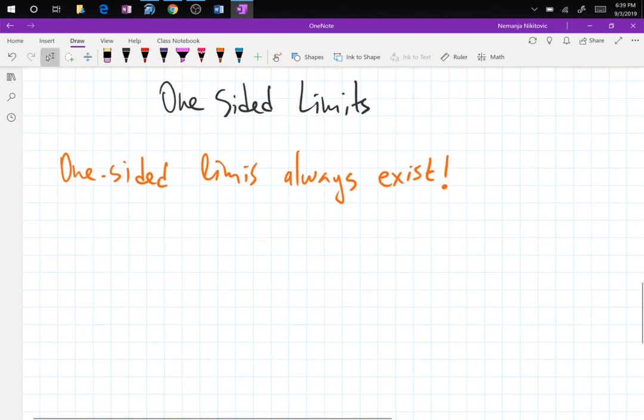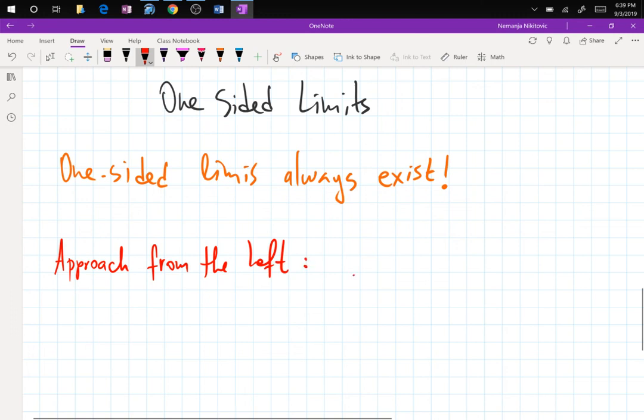So we have two one-sided limits, one for Juliet and one for Romeo. So Juliet's one-sided limit is the approach from the left. And that was Juliet, which was the limit of f of x, and then we write here x approaches a, and you put the minus.